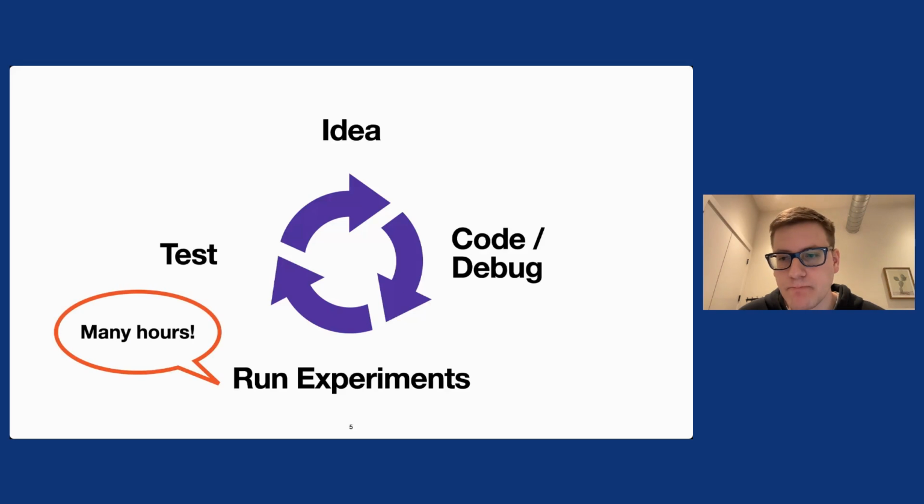And in every one of these iterations, we want to get to the test phase as fast as possible. Most ideas don't work. It's sad, but that's what it is in research. And we want to know as soon as possible whether something works or doesn't. So time is very precious here.